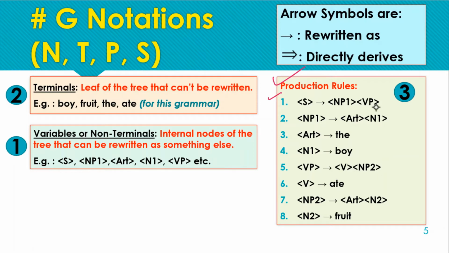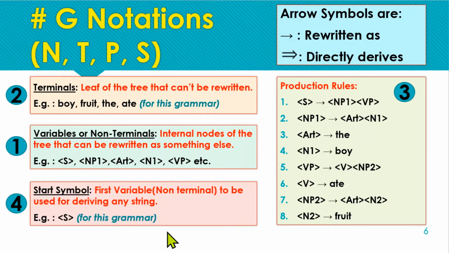These are the production rules for this particular grammar only, and S is the start symbol of the grammar, from where the derivation starts, meaning we start the process of deriving the string from the start symbol only.